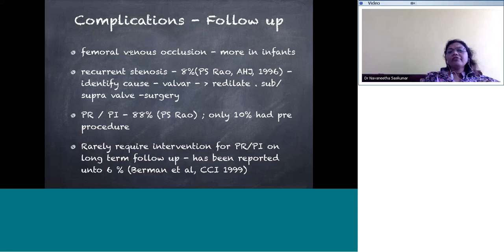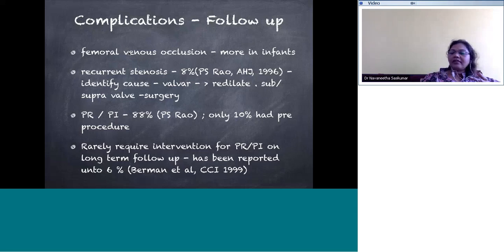On follow-up, pulmonary regurgitation has been noted in a good number of patients. The incidence has been reported to be as high as 88% in one of the large series with very long follow-up. Pre-procedure pulmonary insufficiency, very sorry, was there in only 10%, and post-procedure the incidence is high.